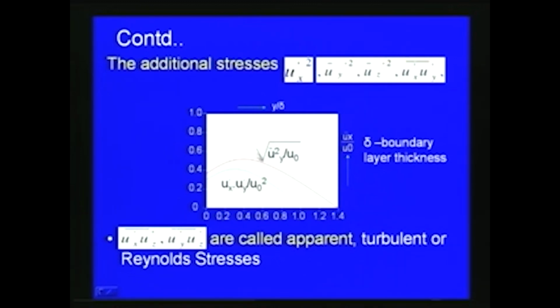It varies like this, and the mean square RMS value varies like this. Some of the components we can measure, and then we can use some empirical relationships and also the basic equations to get solutions. Since mathematically we cannot get a solution directly, we go for this kind of approach in turbulent flow theory.